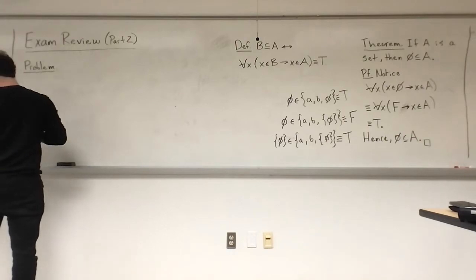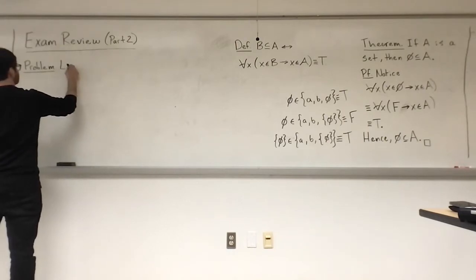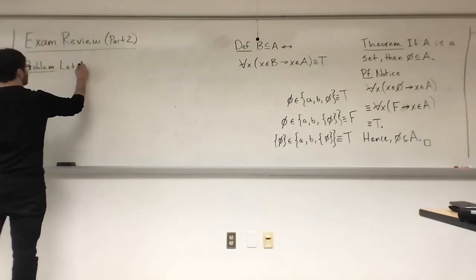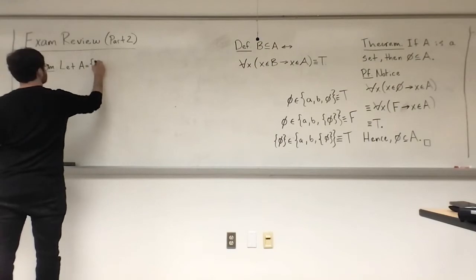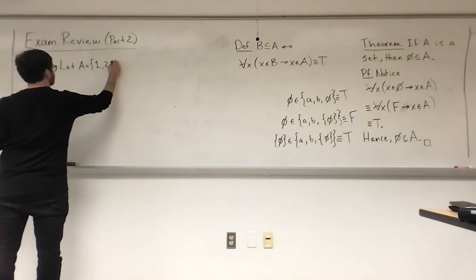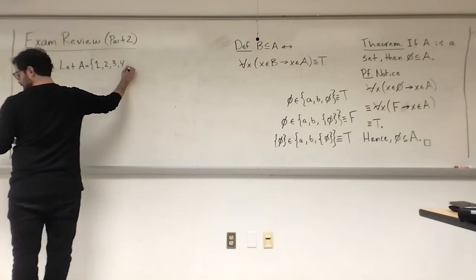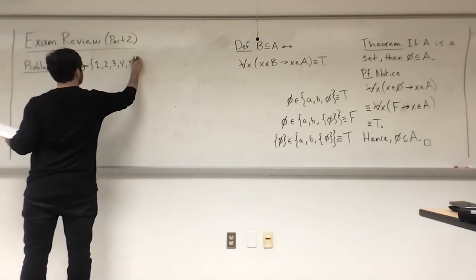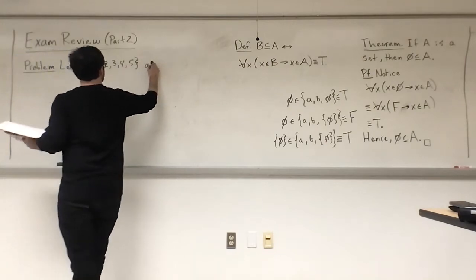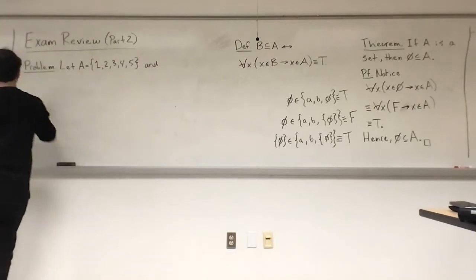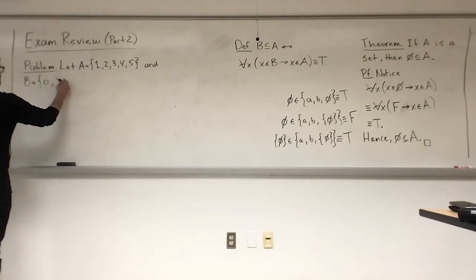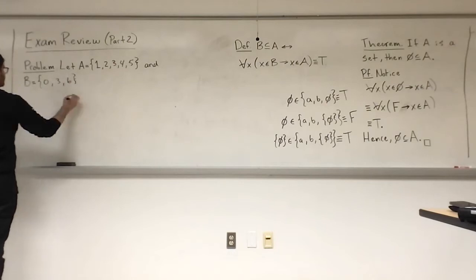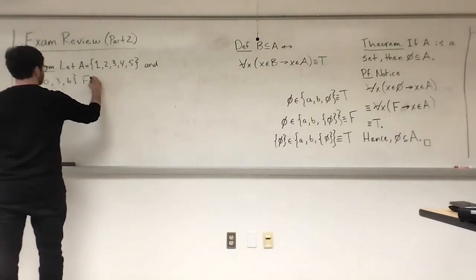So let's say let A be the set 1, 2, 3, 4, 5, and B be the set 0, 3, 6. Find the following.